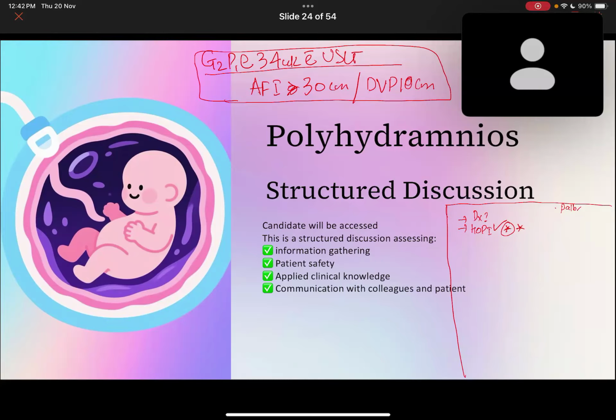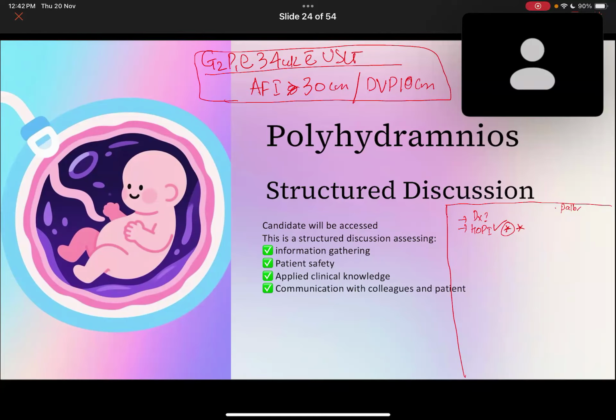Okay. Focused clinical history you already told, and relevant examination is discussed by you. What relevant investigations will you ask for this patient? In this patient, I would like to ask for the oral glucose tolerance test to rule out diabetes, an anomaly scan for any gross fetal anomalies, and a recent obstetric scan for fetal biometry, amount of liquor, estimated fetal weight, placental localization, and lie and presentation.